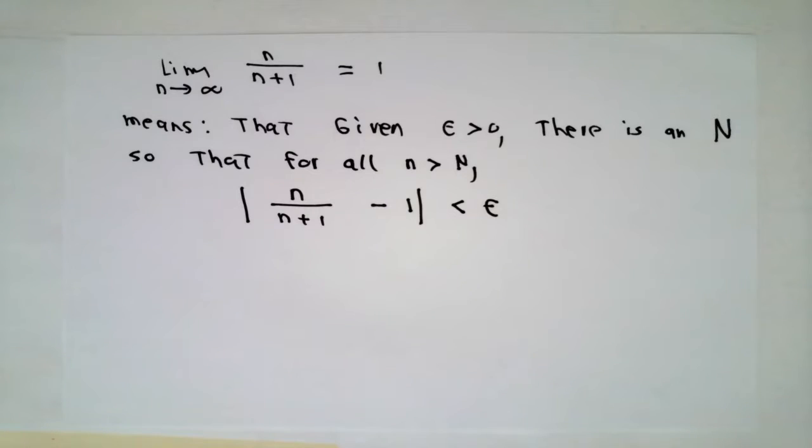The definition of a limit, in particular, the limit as n goes to infinity of n over n plus 1 equal to 1. What that means is, if you give me a positive number, which I'll call epsilon, then given that positive number epsilon, there is an index that I'm going to call capital N, so that the following thing happens.